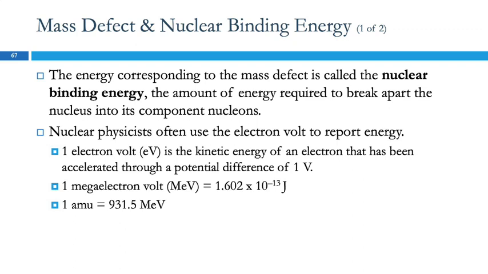And that's the amount of energy that would be needed to break a nucleus apart into its component nucleons. It's separating all the protons, neutrons, etc. Nuclear physicists, I almost said physicians. Nuclear physicists often use the electron volt to report energy.